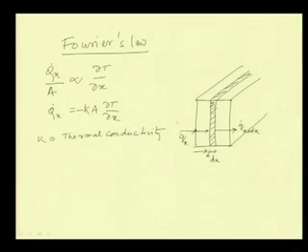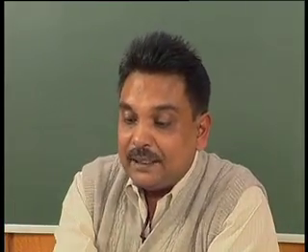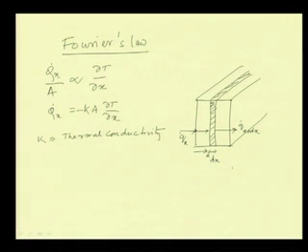Del T by del X is the temperature gradient, meaning the difference in temperature over the difference in distance. If T 2 is the final temperature and T 1 is the initial temperature, then dT is equal to T 2 minus T 1.